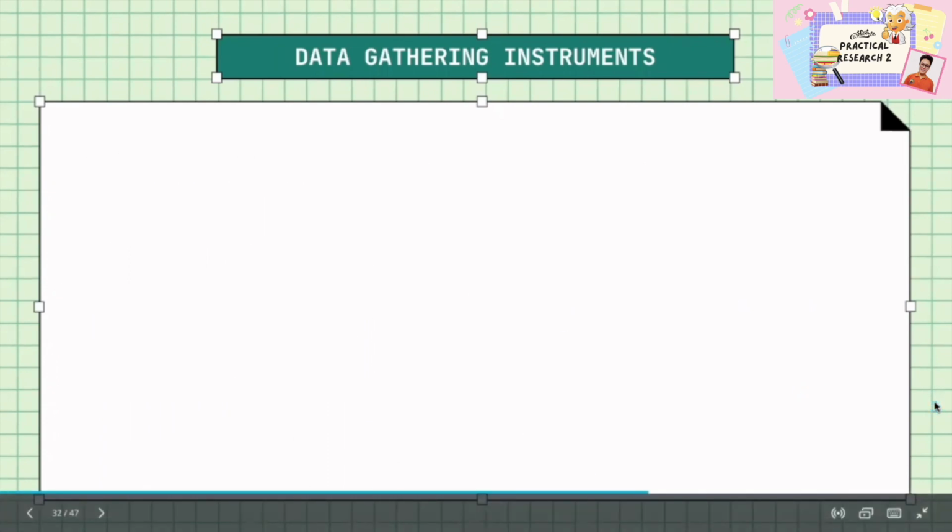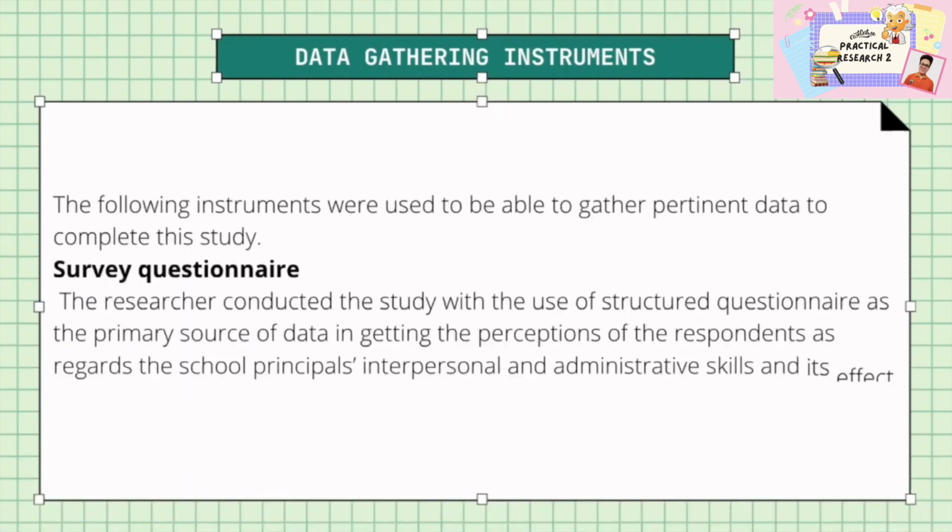Next, we need to discuss how we will write it in the data gathering instrument section of our research paper using IMRaD format. So here, "the following instruments were used", that's the tense of the verb, past tense, "to be able to gather pertinent data to complete this study."